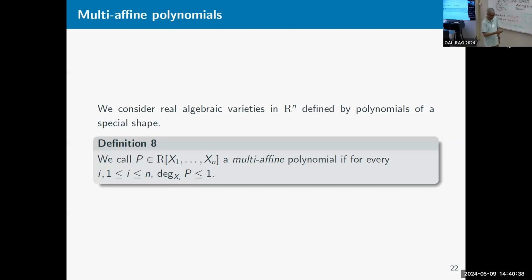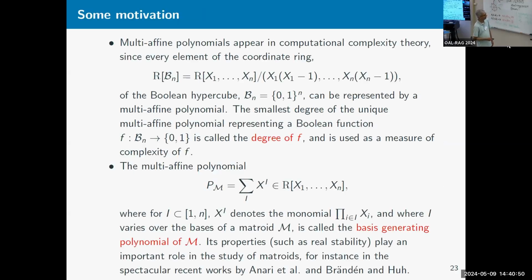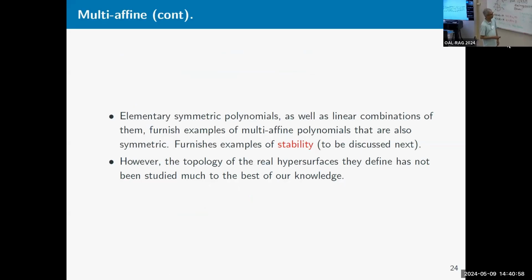The monomials can have different degrees. So we can ask about Betti numbers of hypersurfaces defined by such multi-affine polynomials. There are some motivations for why multi-affine polynomials come up in practice, but maybe I skip this motivation.